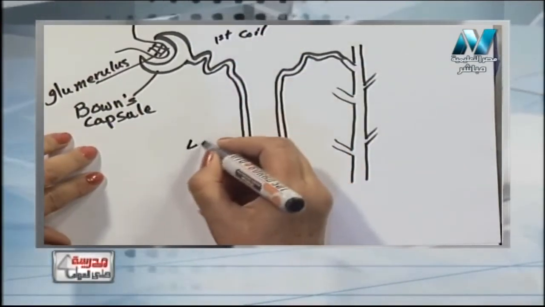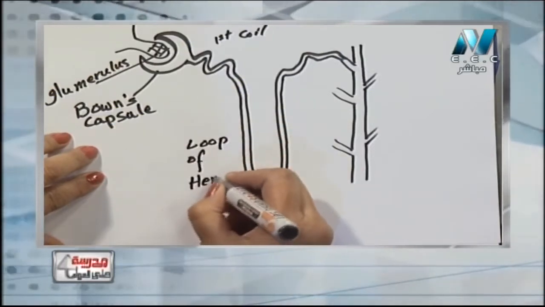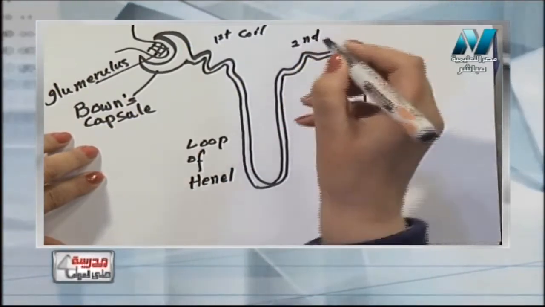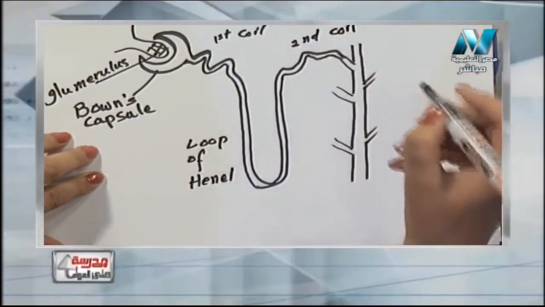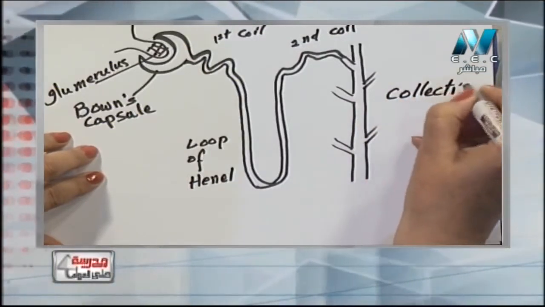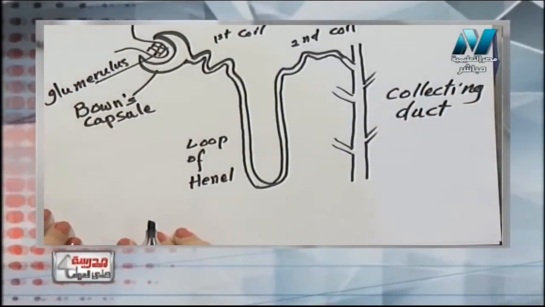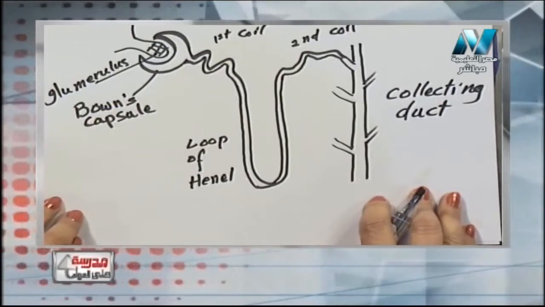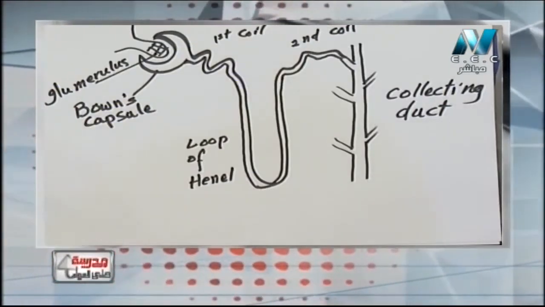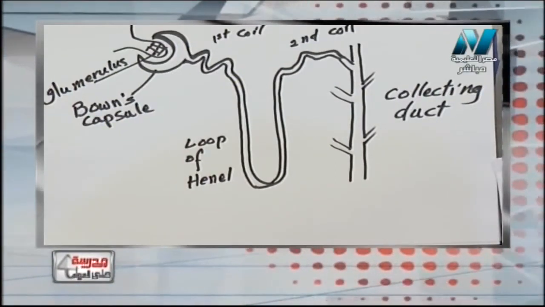And this is the loop of Henle. And this is the second coiled tube. And this is the collecting duct. Okay, it's very easy to draw. And you need to practice it very well because it may be one of the questions in the practical exam.